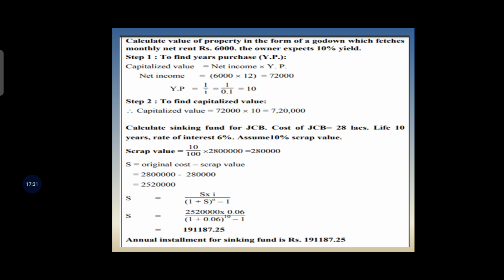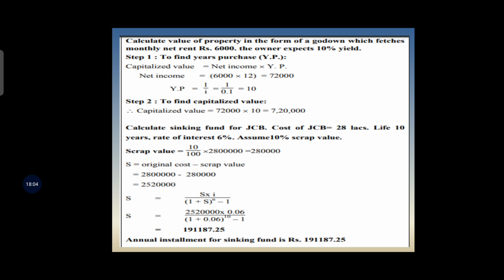Now this is the sum for year purchase, sinking fund method. We calculate for a property in the form of godowns, which fetches monthly net rent of 6,000. The owner expects 10% yield. So how do we calculate? We have to calculate the year purchase. The formula is capitalized value is equal to net income into year purchase. The net income is equal to 6,000 into 12, so we got 72,000.